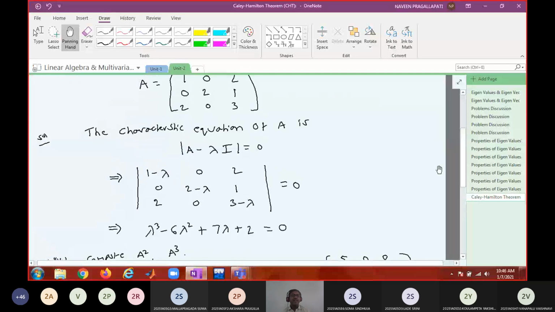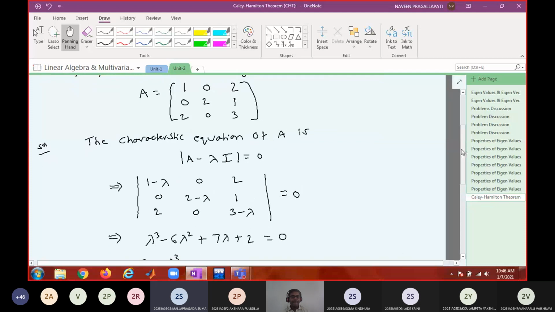Can you say that A is non-singular without finding the determinant at this stage? You can say rank is 3, the number of non-zero rows in the echelon form.